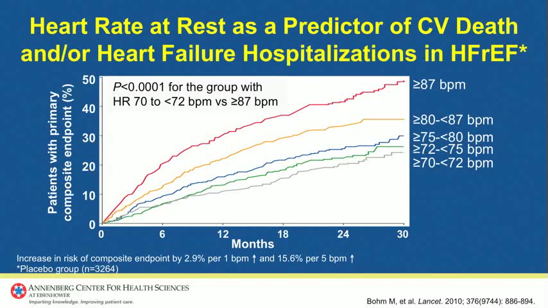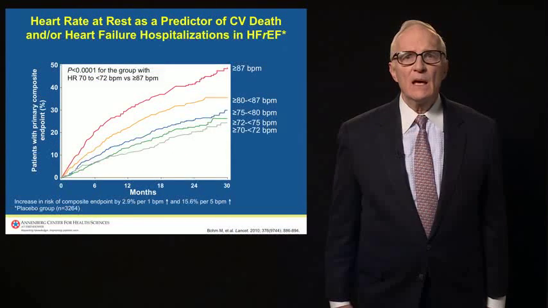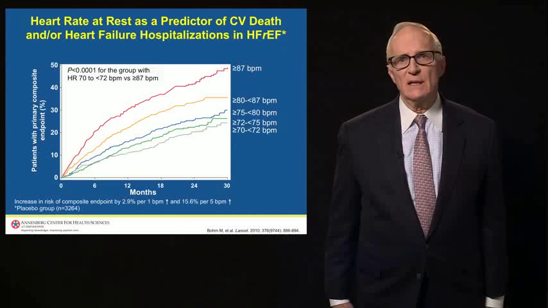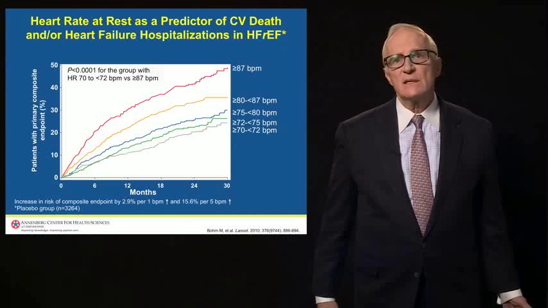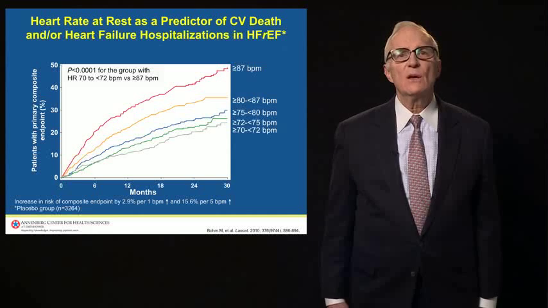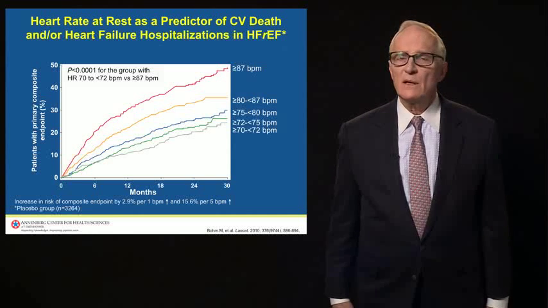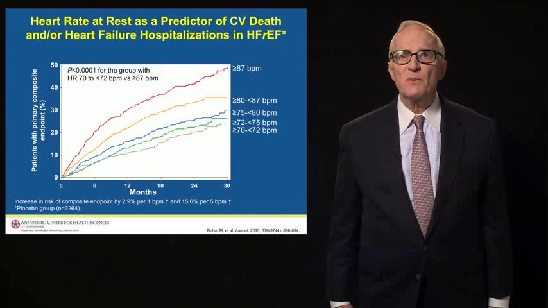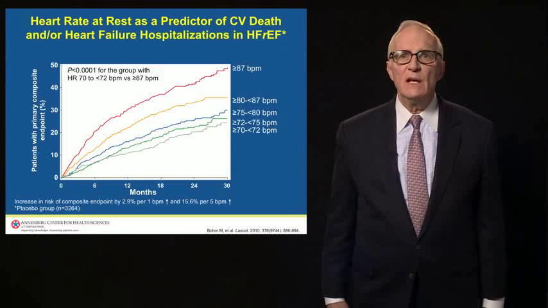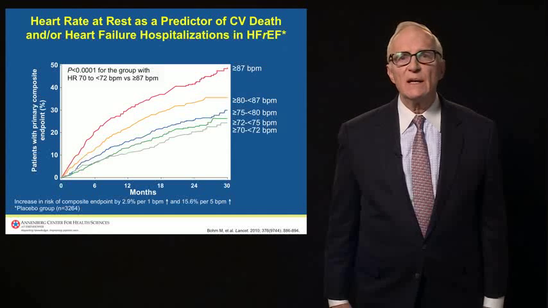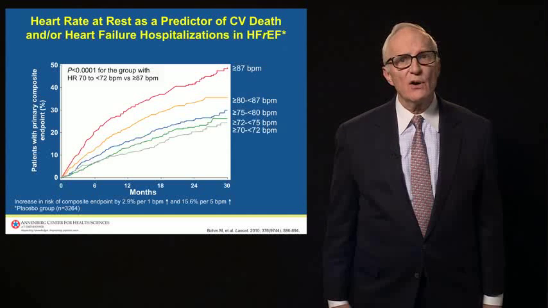Heart rate at rest is a predictor of cardiovascular death and/or heart failure hospitalizations in patients with HFrEF. In the SHIFT study, which involved 6,000 some odd patients with heart failure, all HFrEF, all with heart rate at least 70 beats per minute at entry into the study, the population was divided into quintiles based on heart rate.